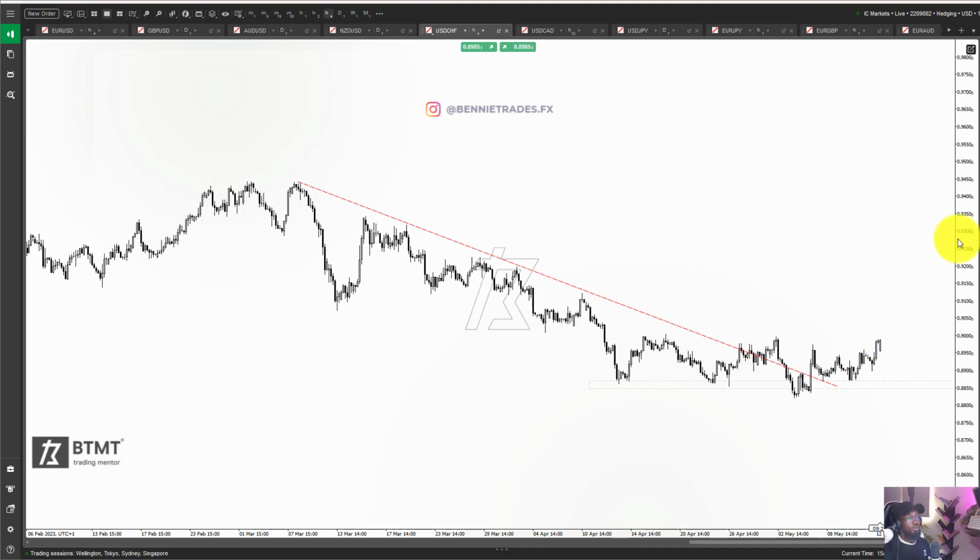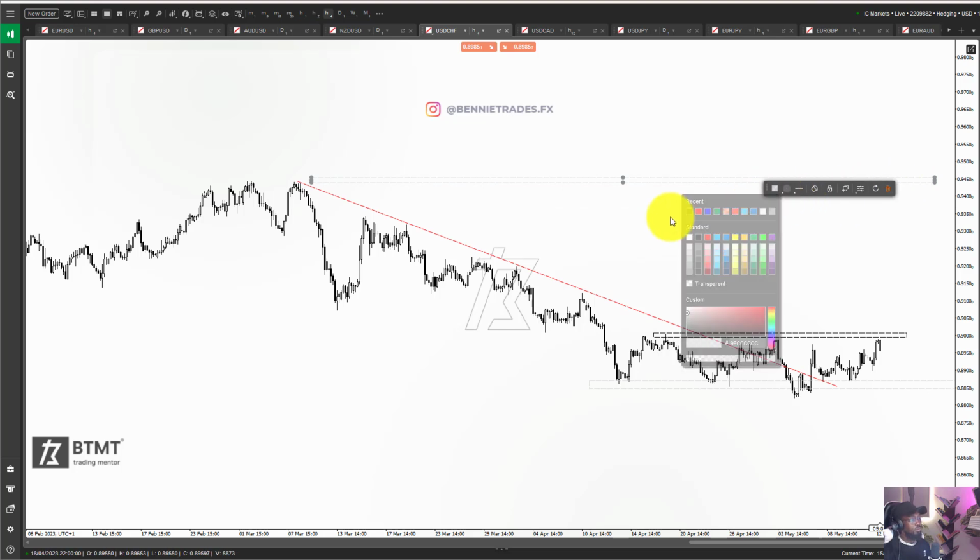What I want to see on this market is a break of this range. If I get a break of this range, then I will trade a breakout all the way to this point, for a nice risk to reward trade.